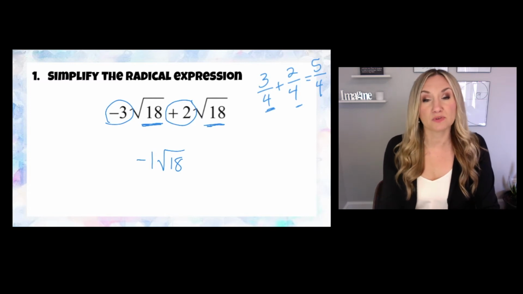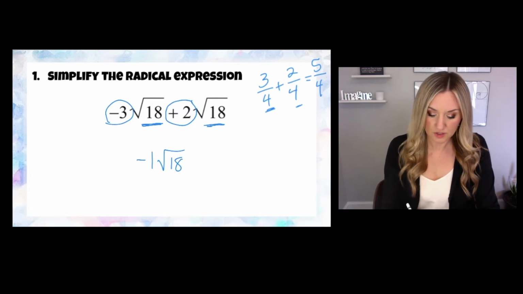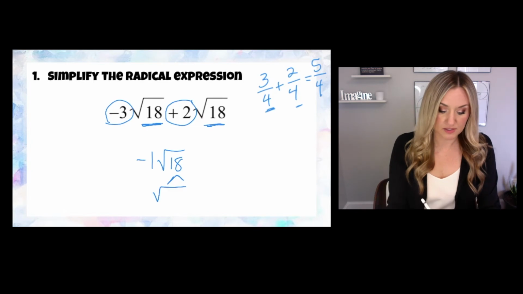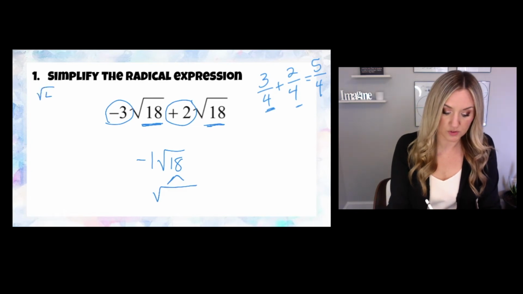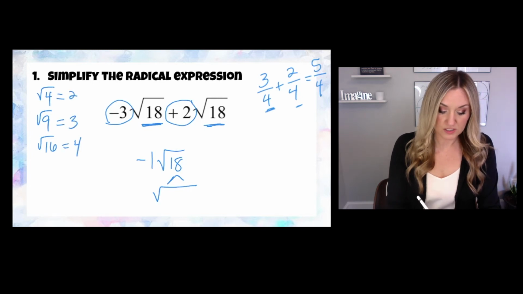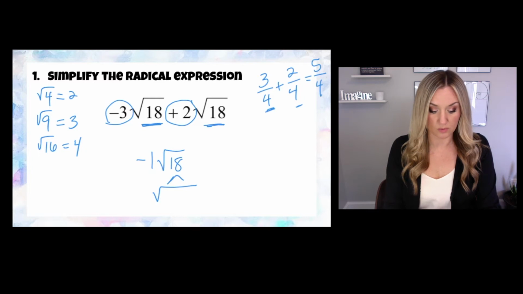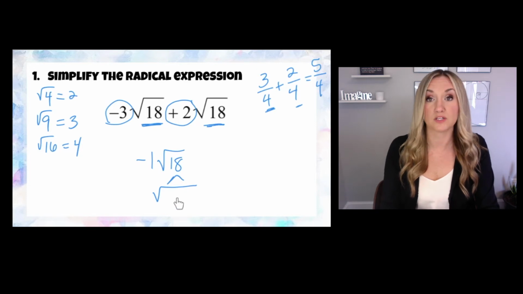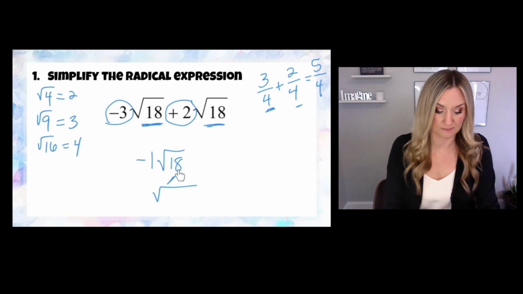Now we have to simplify the square root of 18. In our perfect squares list, you have the square root of 4, the square root of 9, the square root of 16, and that's 2, 3, 4. This perfect squares list is really what we're going to focus on, because if they're on this list, that's what we're going to use to simplify the square root of 18.